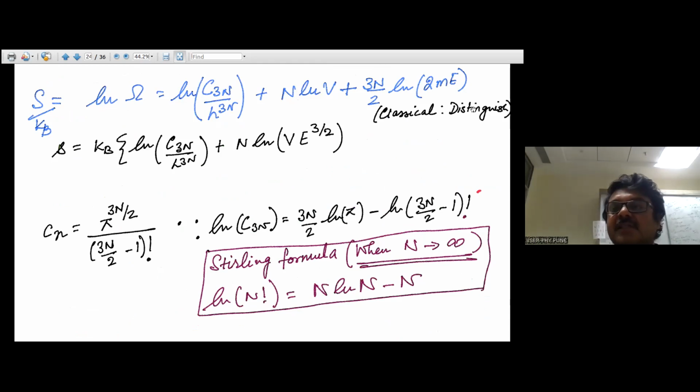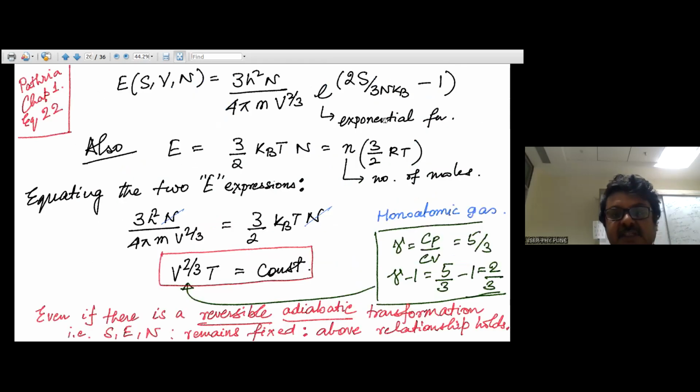If they were indistinguishable, I should have used a 1 by N factorial. However, if we decide to live with the classical expression, we still get our PV equals nRT. We still get our 3 by 2 kBT times n equals energy. We still get Cp by Cv equals 5 by 3. We are still able to get V to the power 2 by 3 times T equal to a constant.